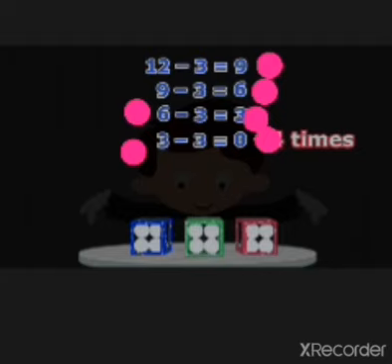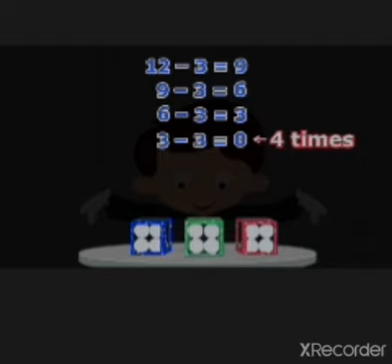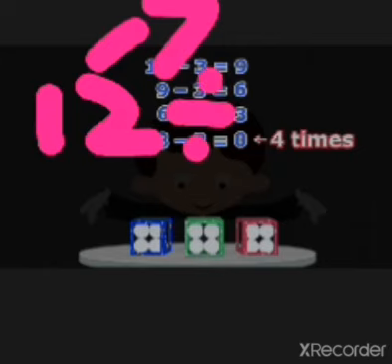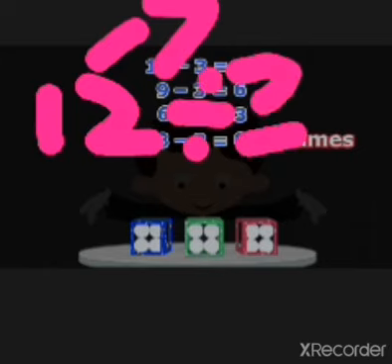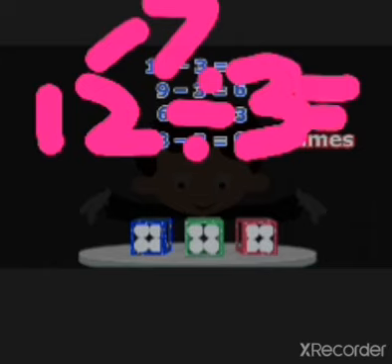How many times have I distributed? 4 times. So it means that when we divide 12 by 3, we get 4. 12 whole parts divided into 3 groups result in 4 items in each group, or 12 divided by 3 is equal to 4.